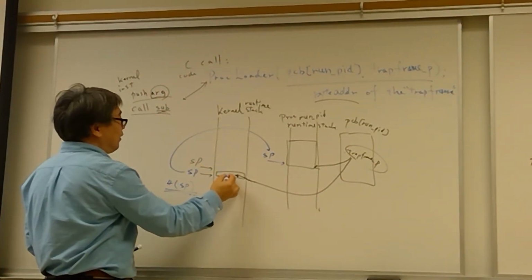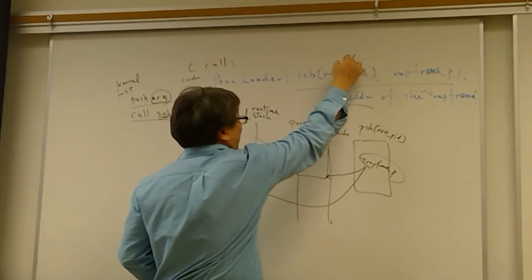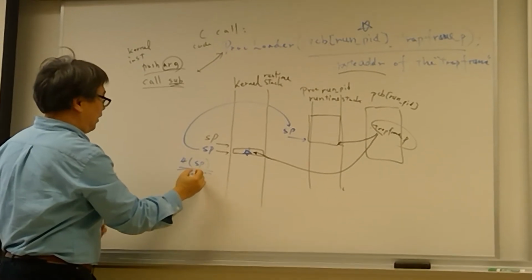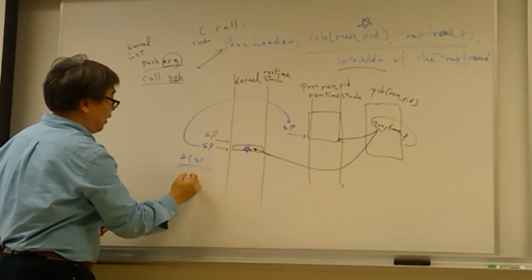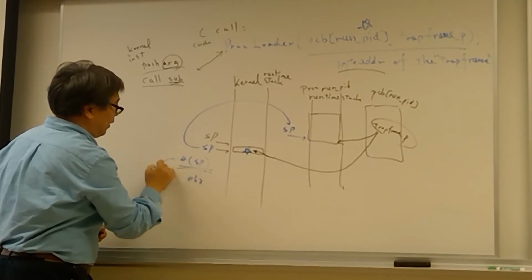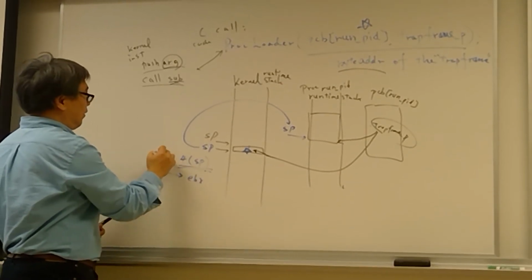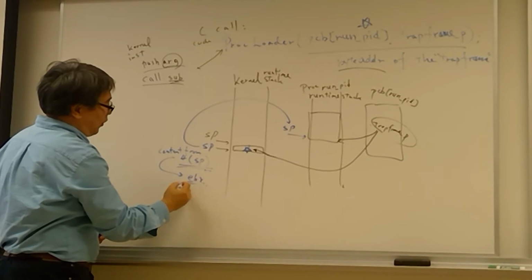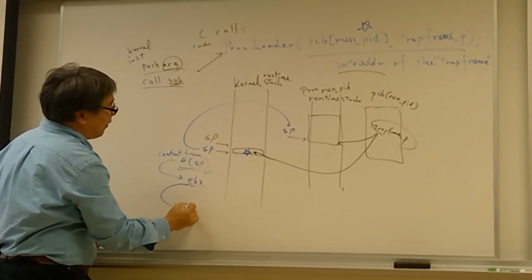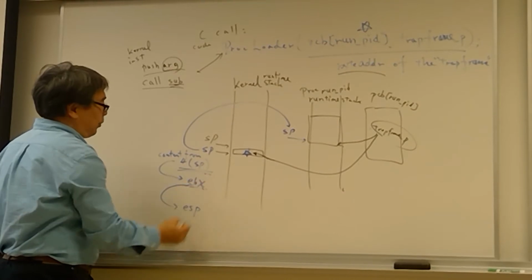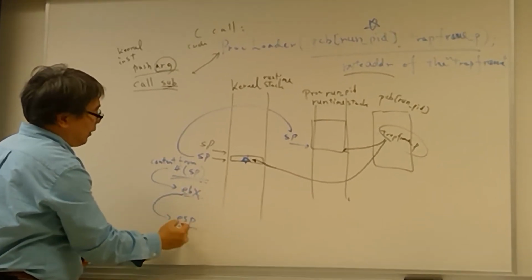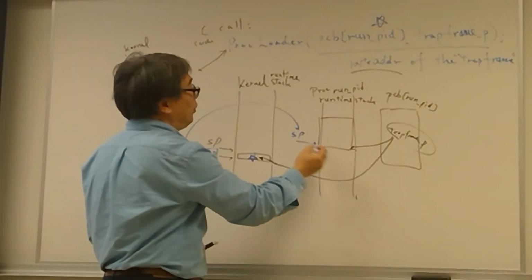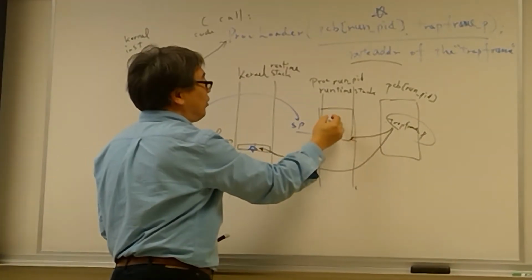Once we have this content, which is this thing here, move it to EBX, and then override ESP. The actual code uses the E for the 32-bit register. So the ESP switches from here, the kernel stack, into the actual place that has the trap frame.